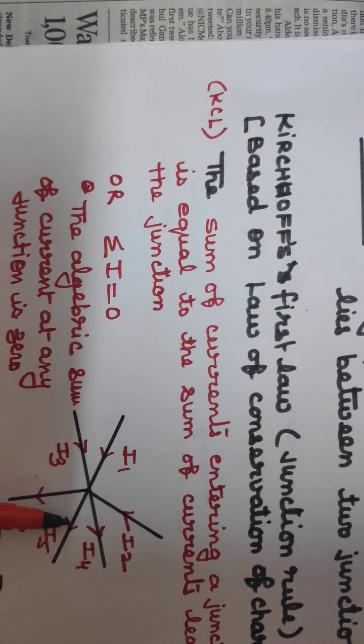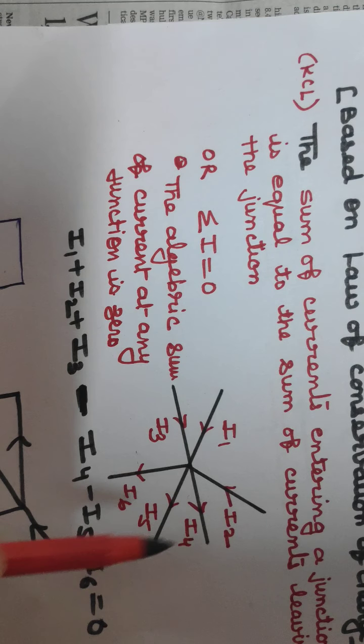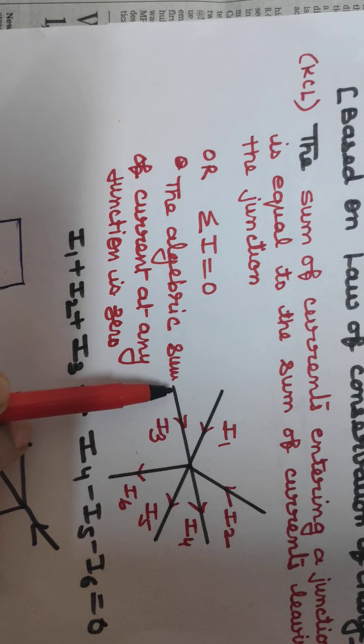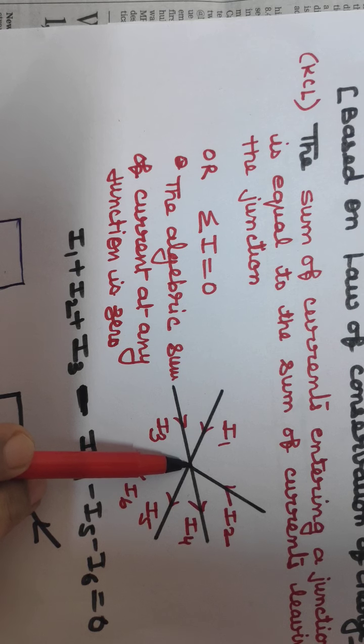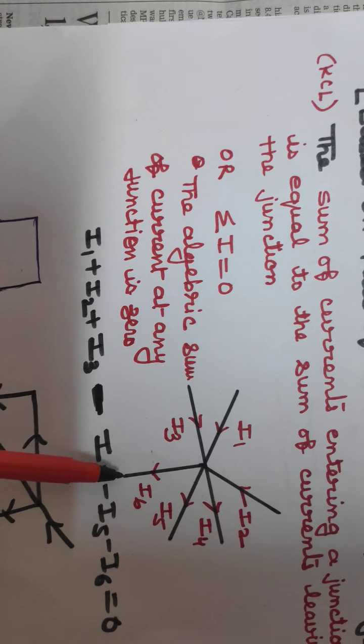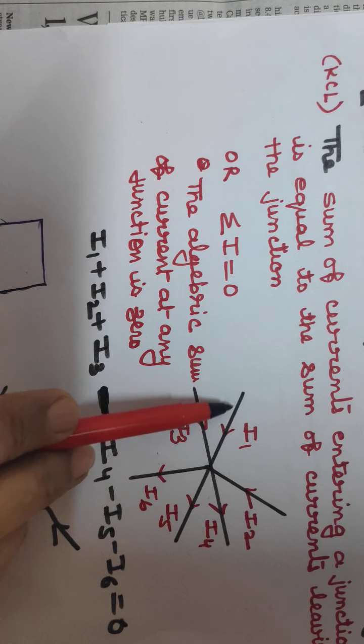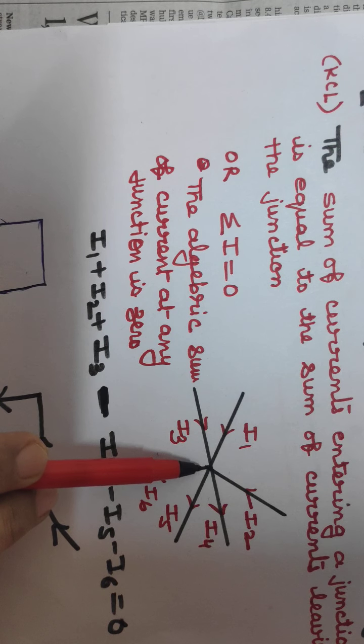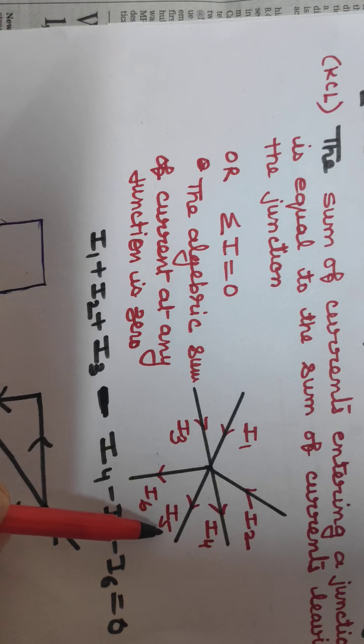We use a sign convention here. Suppose I1, I2, I3 are entering currents at this junction, and I4, I5 and I6 are coming out. Incoming current is taken positive and outgoing current is taken negative.